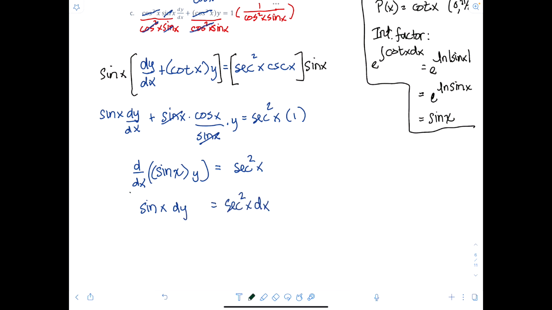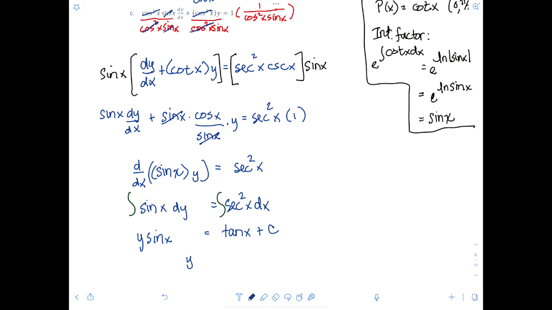And integrating, let's see what we get. We will have y times sine of x is equal to tangent of x plus c.